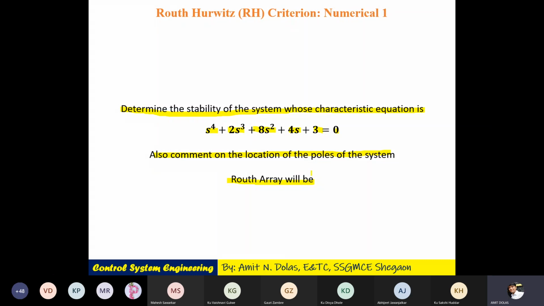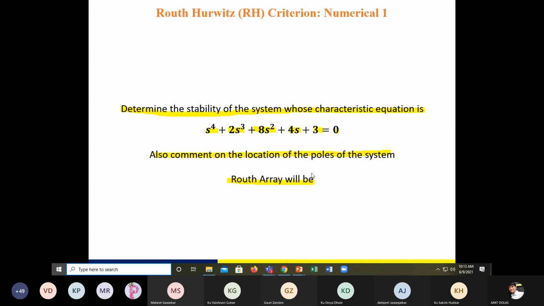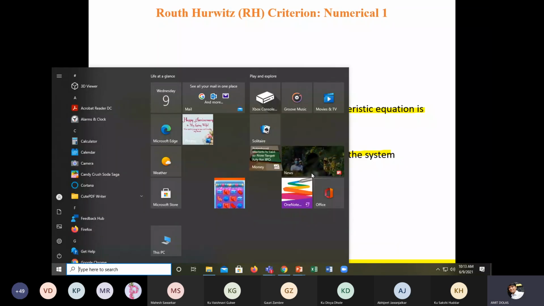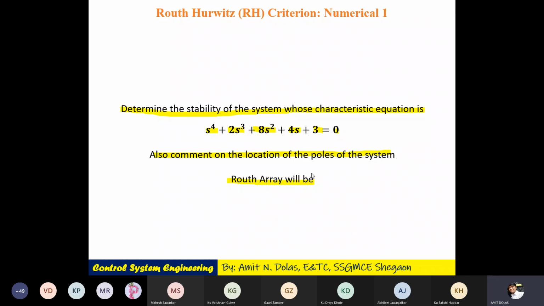S to the power 4 plus 2s cube plus 8s square plus 4s plus 3 equals 0. Please write it fast, and provide me the first column of the RH table.